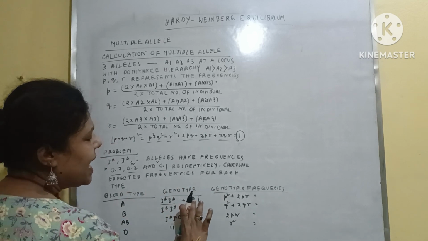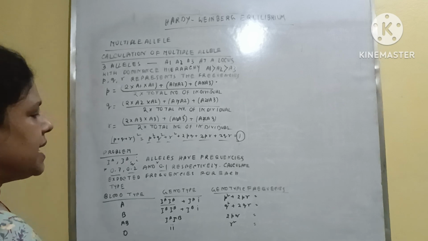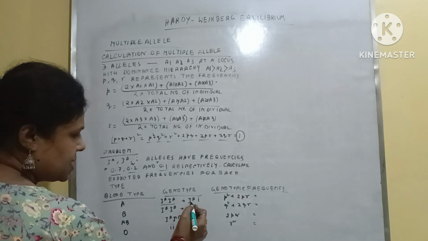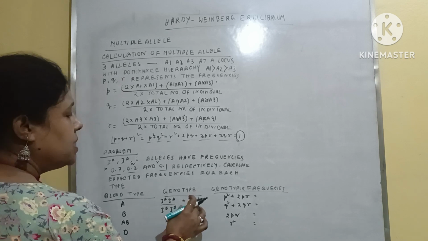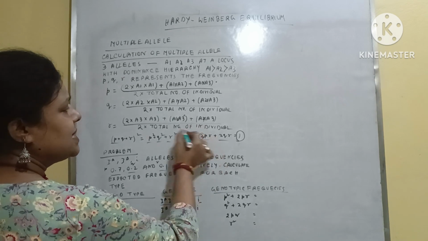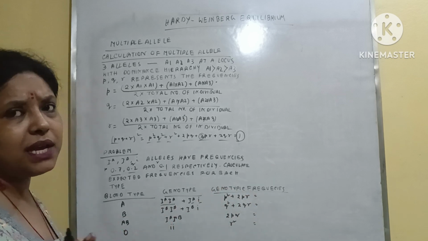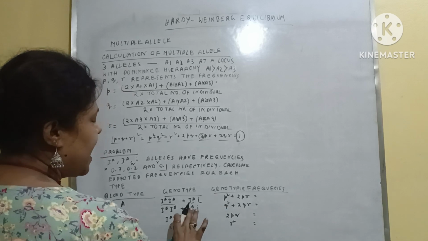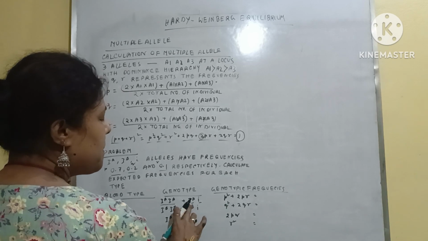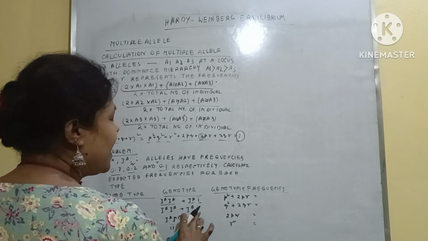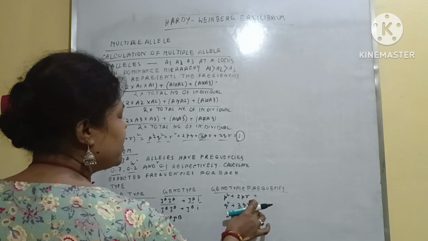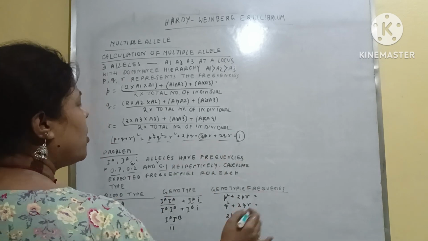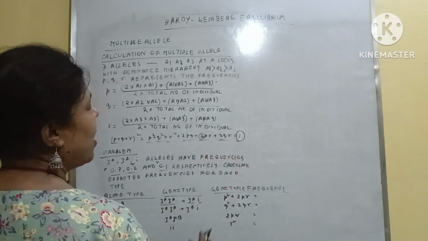And IA small i means here you have to write 2pr, that is, this is the p, this is the r, but in the formula 2 is there, so you have to write 2pr. Clear? IB IB means q square. And IB small i means q and r, but 2qr we have to write because in the formula we have 2qr.